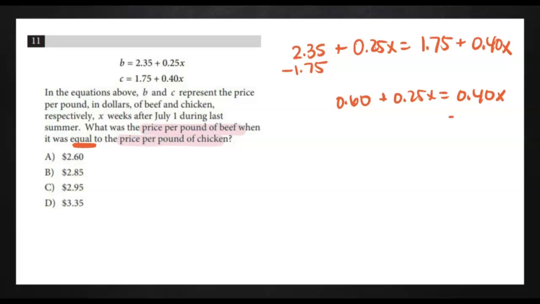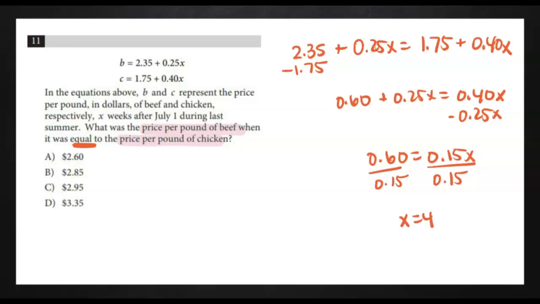So you've got 40 cents minus 25 cents, if that'll help you. You got 15 cents or 0.15. Divide both sides by 0.15. Again, you have 2 decimal places after the decimal point. So if you really want to just think about this as 60 divided by 15, that is fine too.